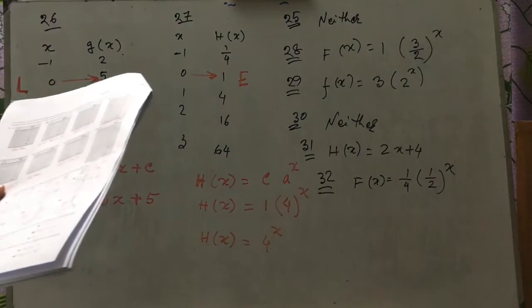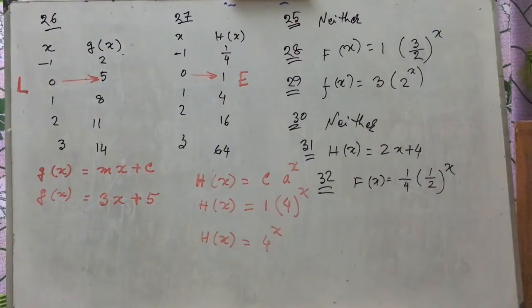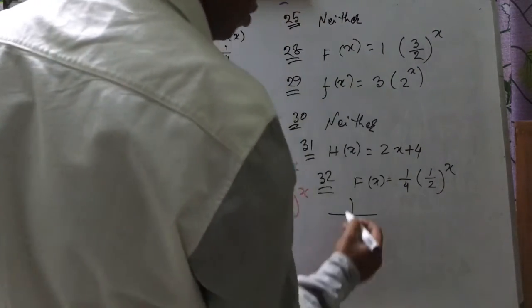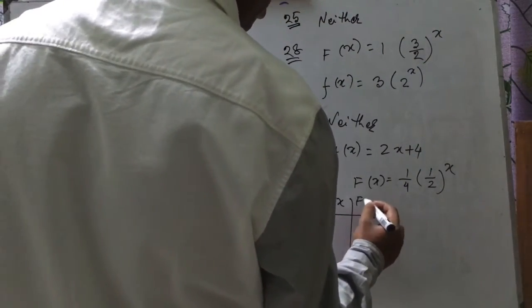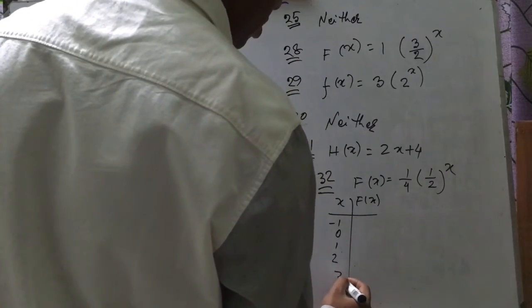Now for 34 number, let me write the data so that you can see. It looks like this math is very difficult. Write x, then f of x. The data given for x is minus 1, 0, 1, 2, 3.